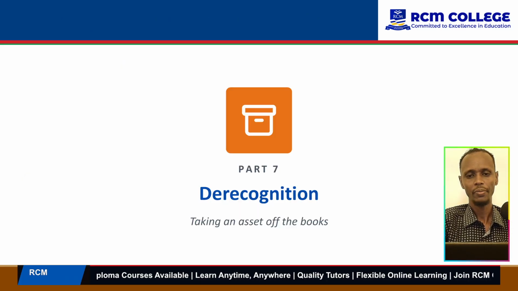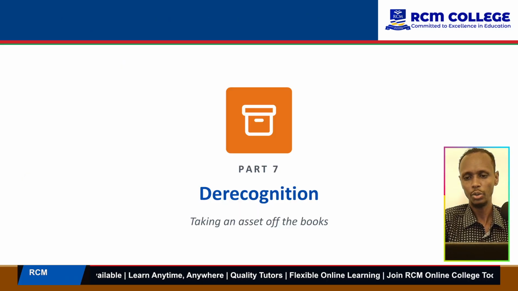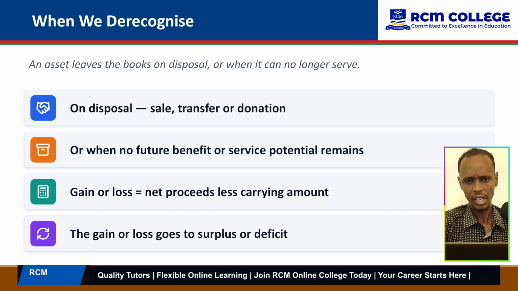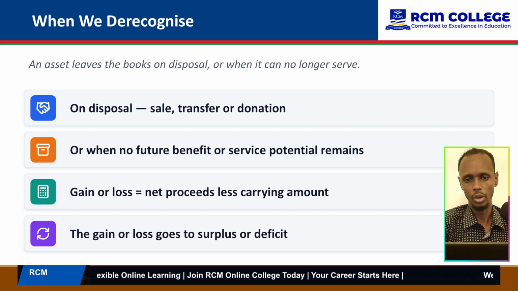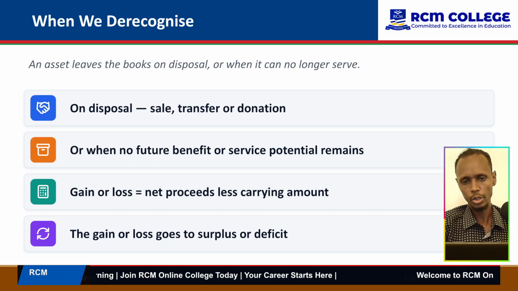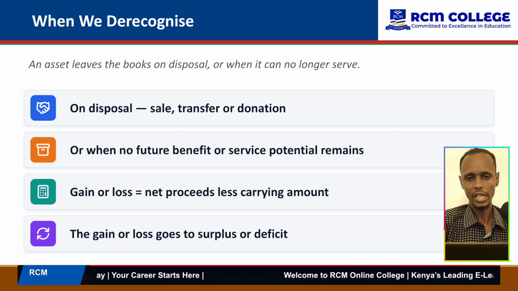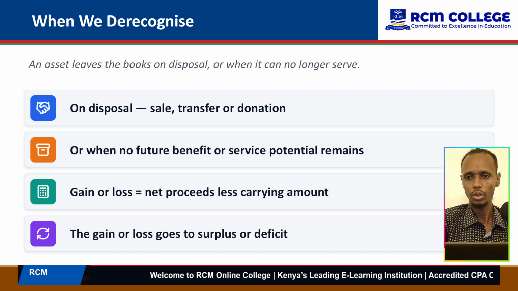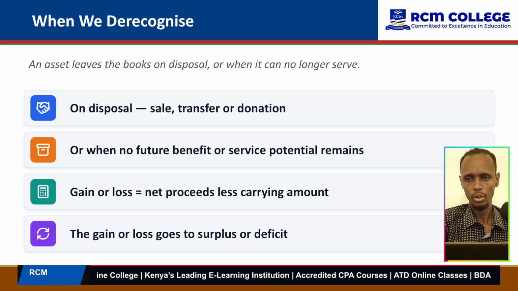Recognition: how do we remove an asset from our books? An asset leaves the books on, one, disposal, like you sold that asset, you transferred, or you donated that asset. So you de-recognize that asset from your books.